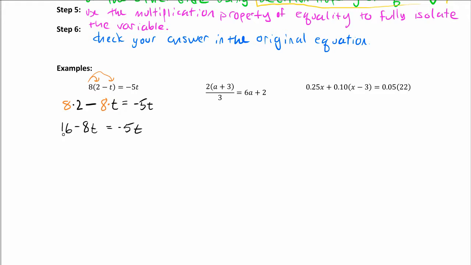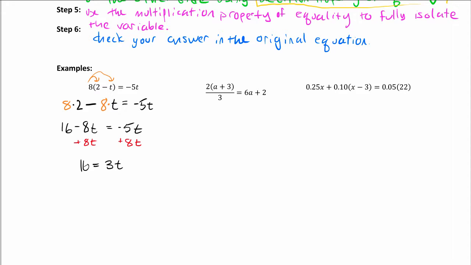And now if I look at what's happening on both sides of my equal sign, I've got some variable terms over here, but also some variable terms over here. So I have one side that has more than one kind of term. I want to use the addition property to make that not the case. So here I'm subtracting 8t. I am going to add 8t to both sides. And that is going to give me 16 equals 3t.